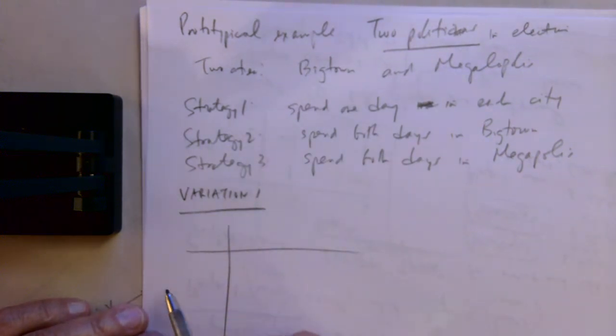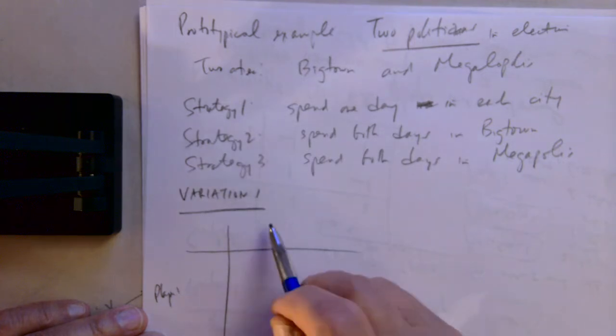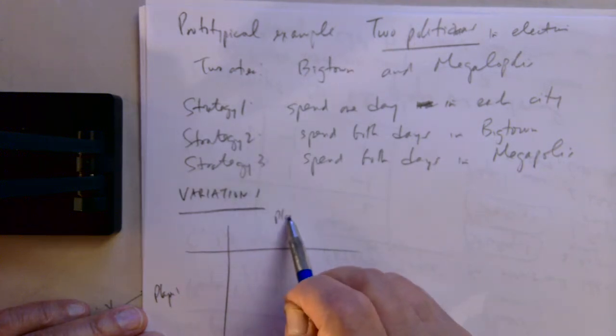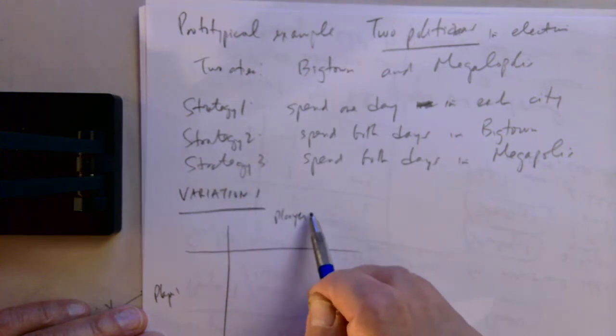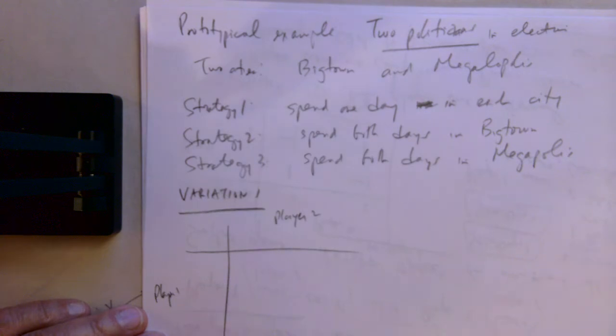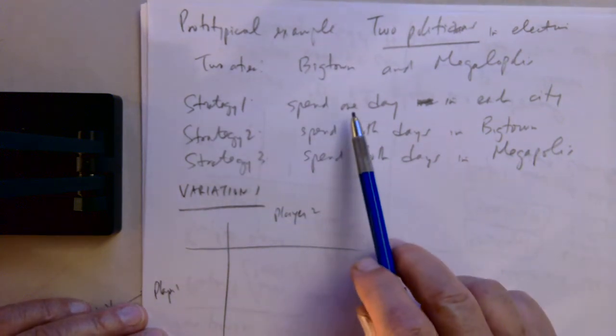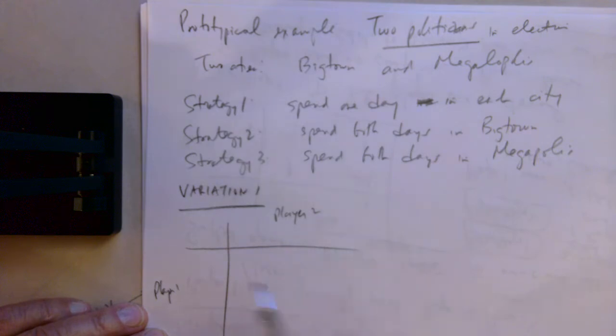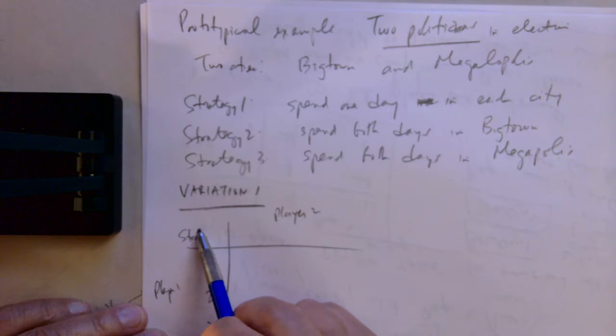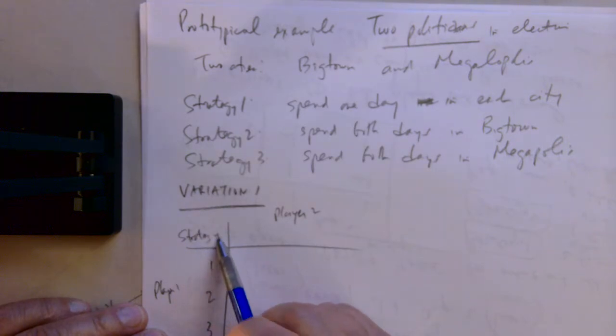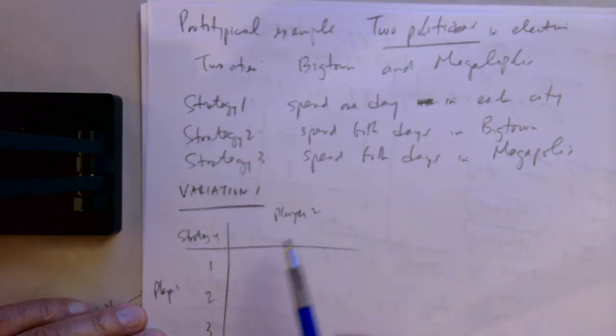So here we have player 1 or politician 1, but we want to have a uniform way of talking, so we'll call them player 1 and player 2. And each of the players independently can choose one of the 3 strategies. So player 1 can choose strategy 1, 2, or 3.